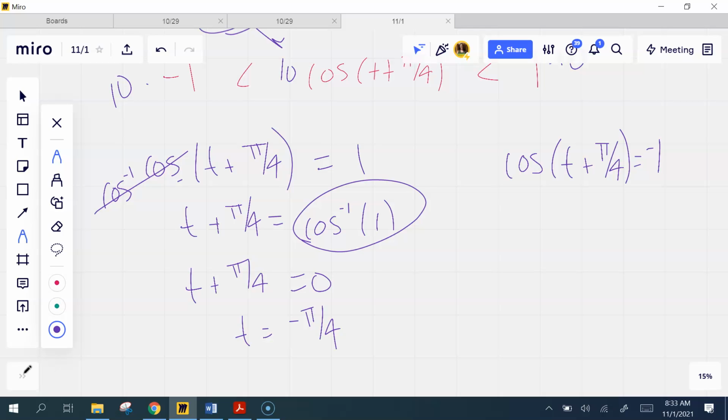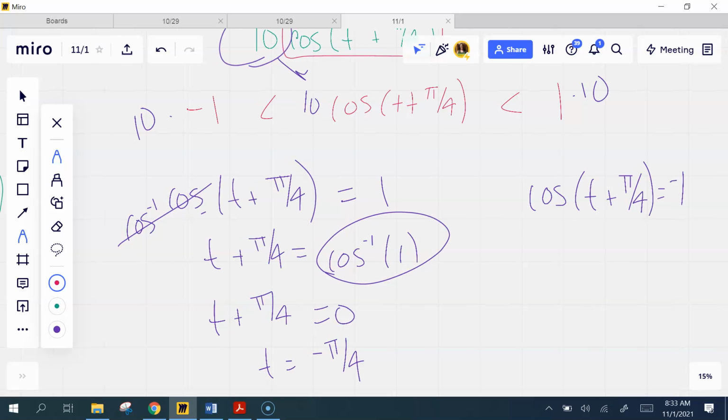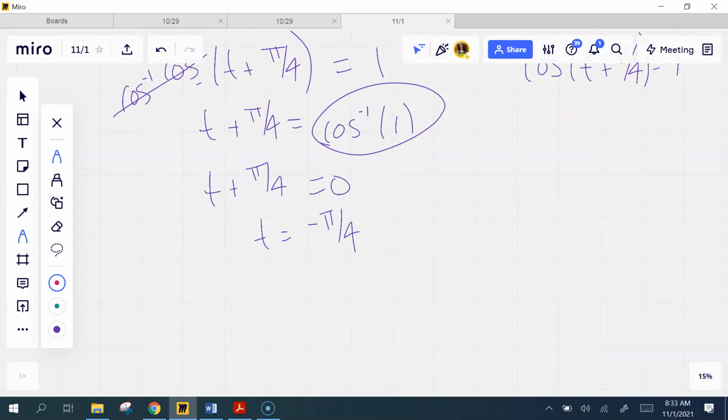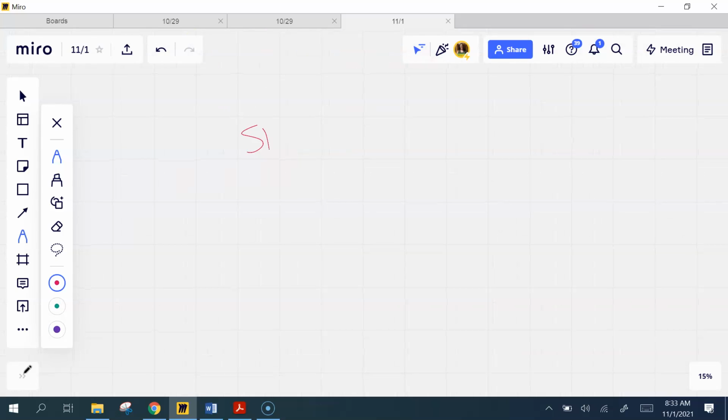If I need to solve with some trig functions in there, in order to get rid of a trig function, if I have the sine of x equals 0, in order to find out what x is, I can do the inverse sine on both sides.